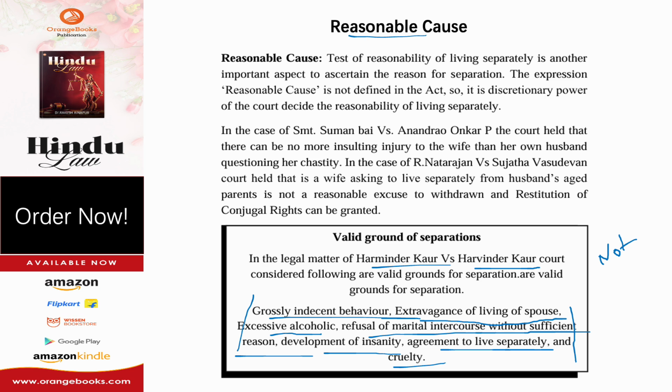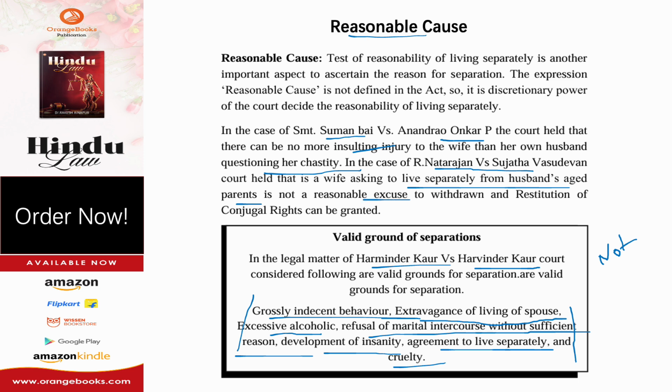Here are a few more cases. In Sumana Bai versus Anandrao, the husband questioned the chastity of the wife. In that case, the wife felt insulted and then started living separately. In the case of R. Natarajan versus Sujata Vasudevan, a wife asking to live separately from her husband because of the husband's aged parents is not a reasonable excuse.